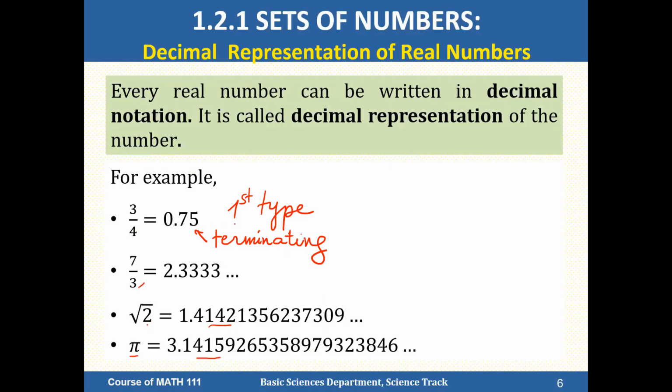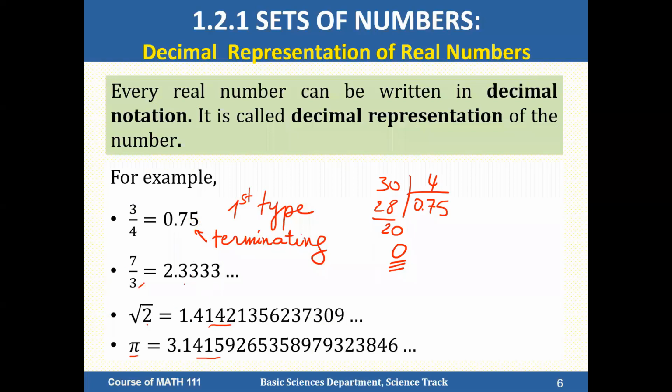There are no digits after 5. If you divide 3 over 4, 4 times 7 is 28, remainder 2, 20 over 4 is 5, 5 times 4 is 20. So here the remainder is 0, so we are done. We terminate the division. So this is called a terminating decimal number.